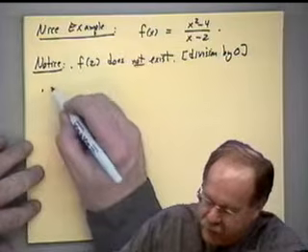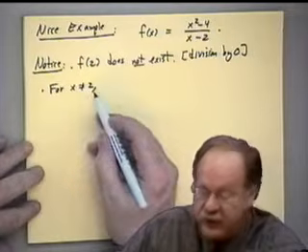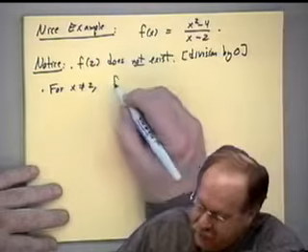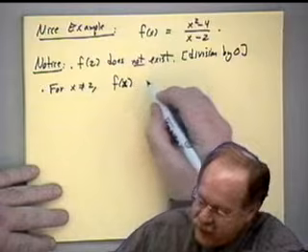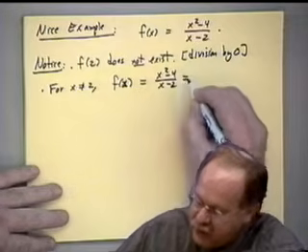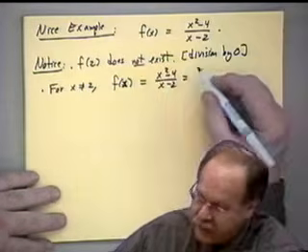All right. For x's that are not equal to 2, 2 being the problem point, f of x, which is x squared minus 4 over x minus 2, you may have already noticed that the top is a difference of two squares and hence factors.